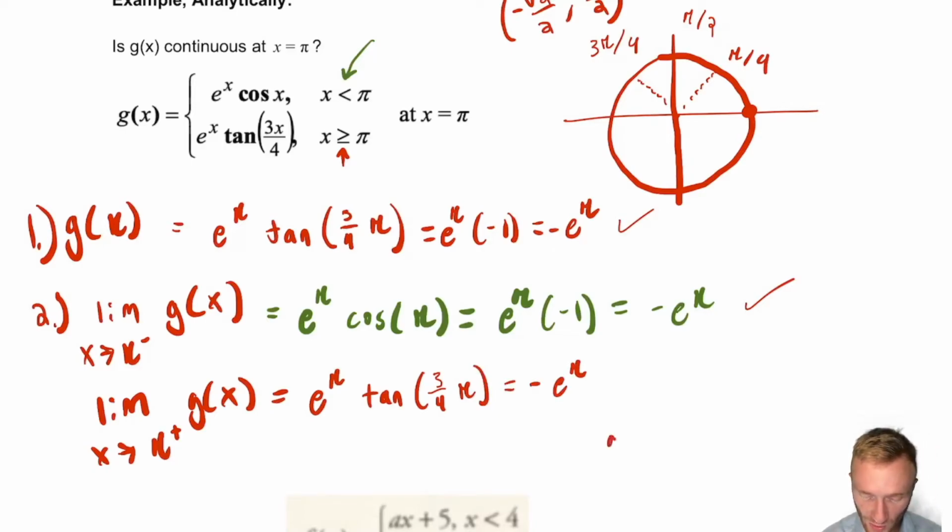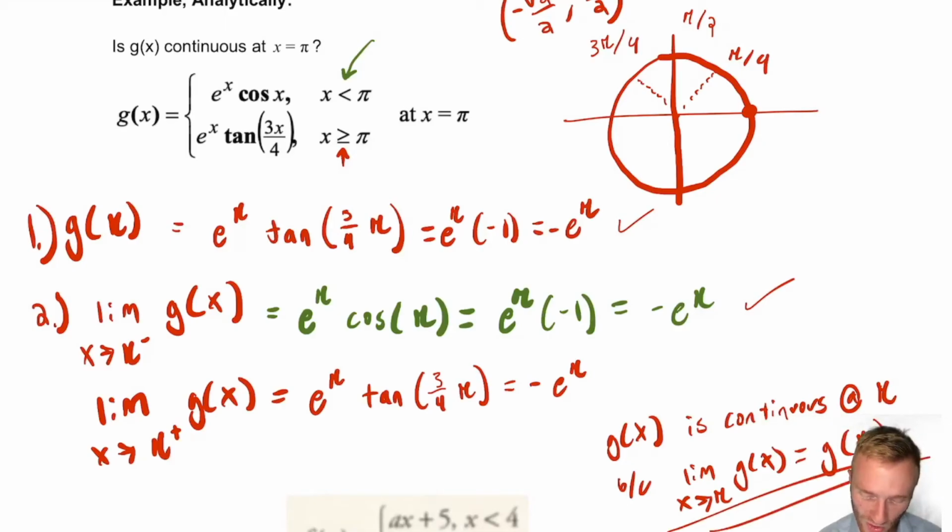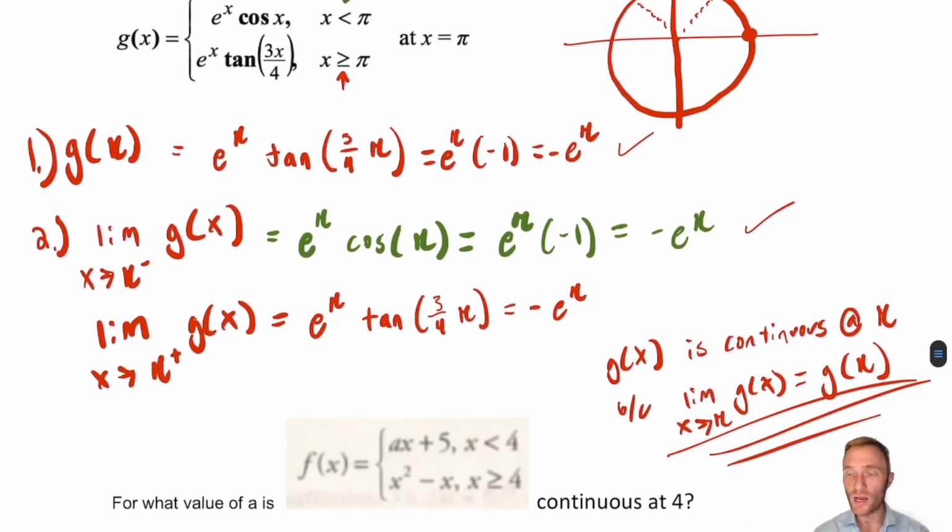So what I would say here is that g of x is continuous at pi because the limit as x approaches pi of g of x equals g of pi. If you can show that those two things are the same, you've proven continuity and you're good to go.